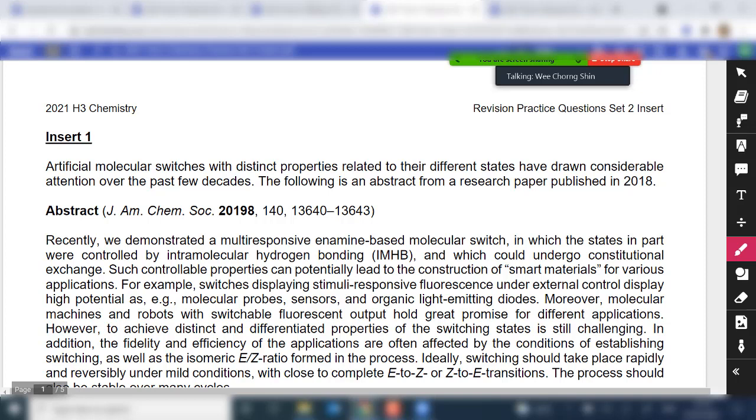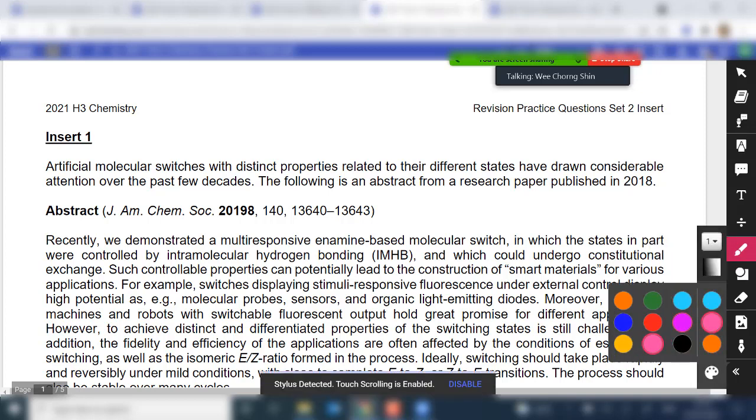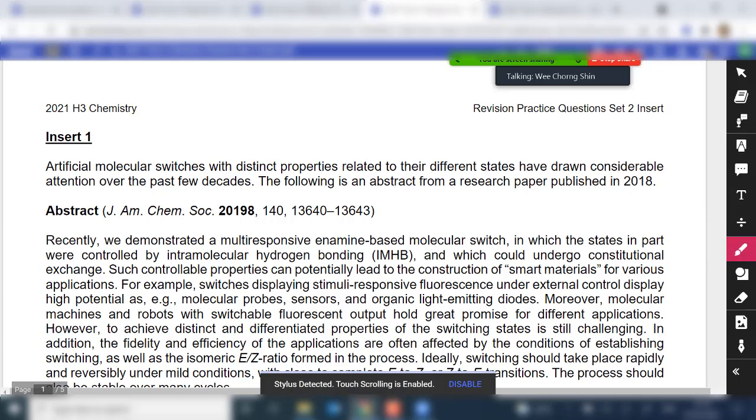Let me just discuss the first insert, which was last year's lecture test. If you want a little bit of background, it's quite interesting. Last year I was in Australia for 2 weeks. I wish it was 2 months.